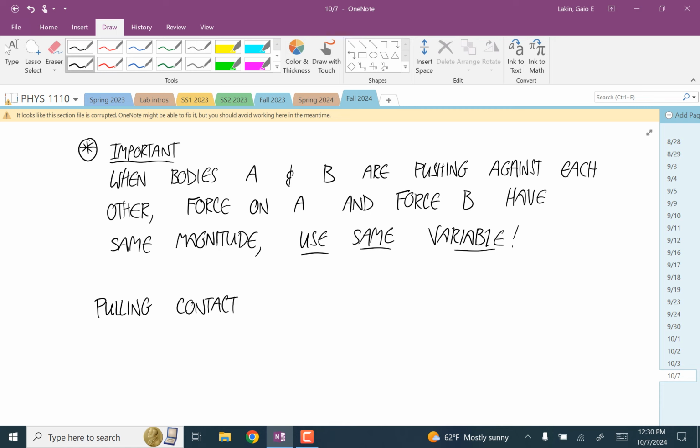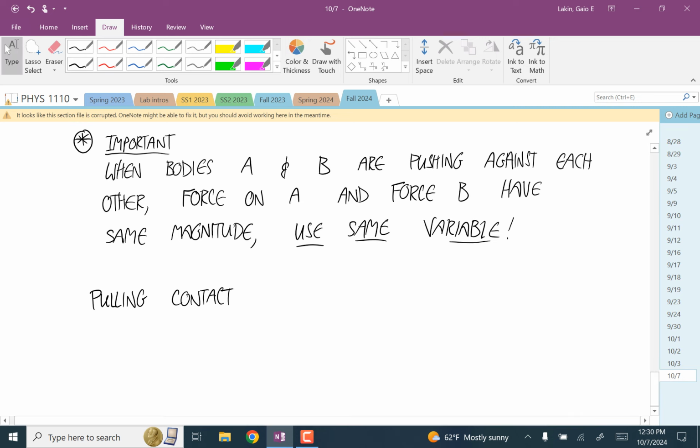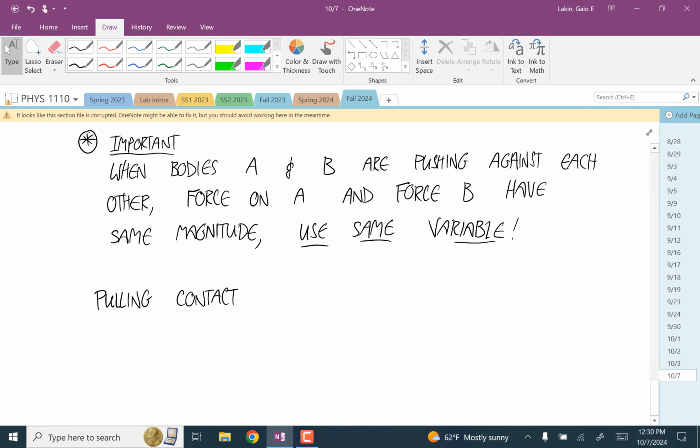Newton's first law is the one that says, the text you've probably heard is an object in motion tends to stay in motion unless acted upon by an outside force. So if there's no forces acting on an object, it just keeps moving however it was moving before, in a straight line with a constant speed. In other words, it takes a force to cause an acceleration of any kind.